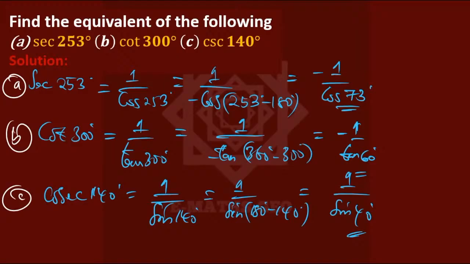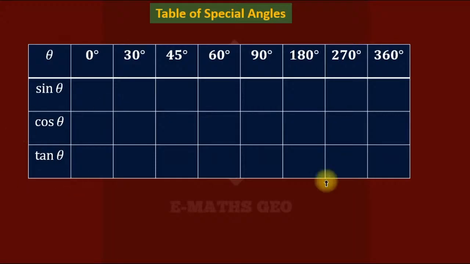Now let's move to special angles, like tan 60, so that we get the actual value without the use of a calculator. So these are the special angles.